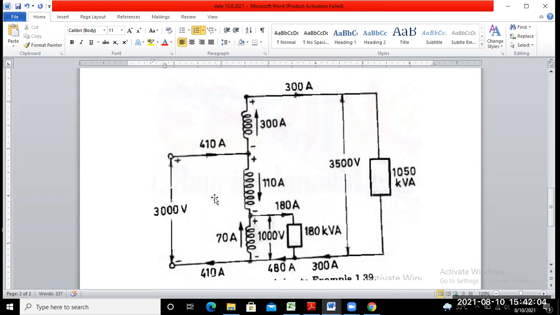If you break this voltage into two parts, one is the output voltage of 1000 volt, where the 180 kVA load is connected. Up to this point your voltage is 3000, so you have to add another 500 volt.